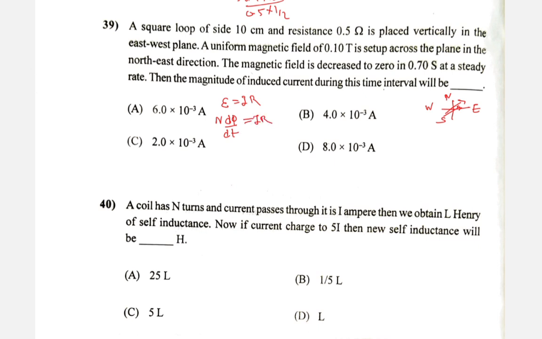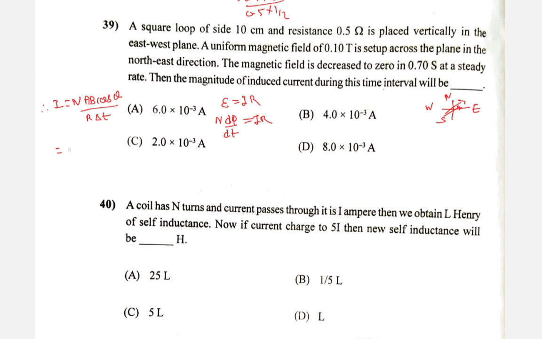So in this question, let's write I is equal to N into AB cos theta divided by R delta T. Here delta T is the time, 0 because of steady rate and it suddenly decreases to 0. For example, N, a single square loop, so N is equal to 1.